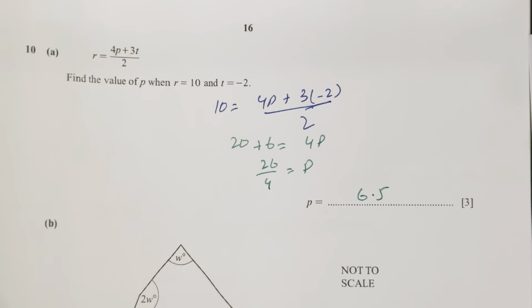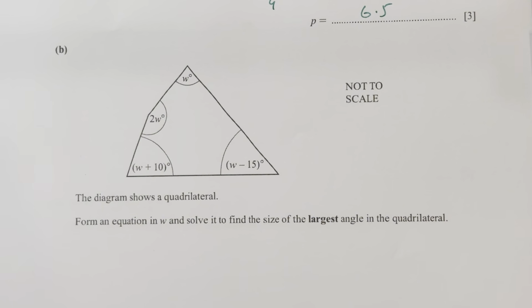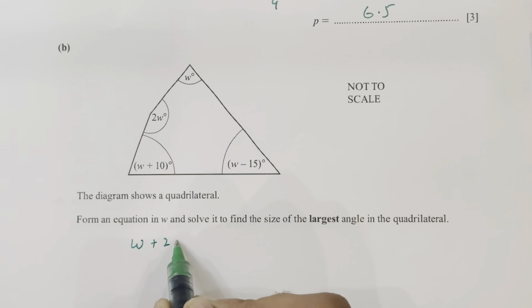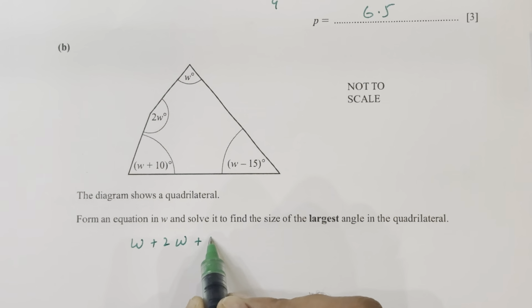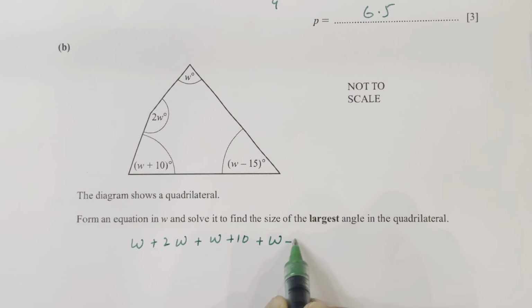Part B, the diagram shows a quadrilateral. Form the equation in W and solve it to find the largest size of angle in the quadrilateral. The sum of all the angles in a quadrilateral is equal to 360 degrees.